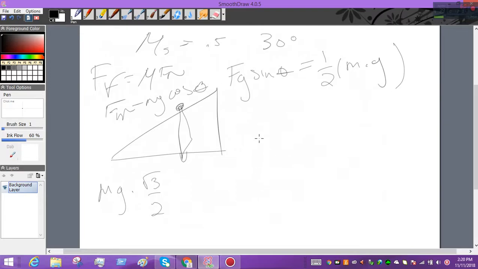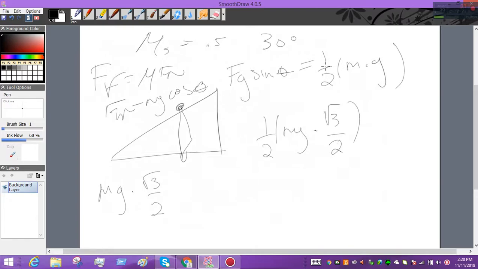So 1/2 times mg times square root of 3 over 2. That gives us the maximum static friction, because your static friction only counters however much force you have.